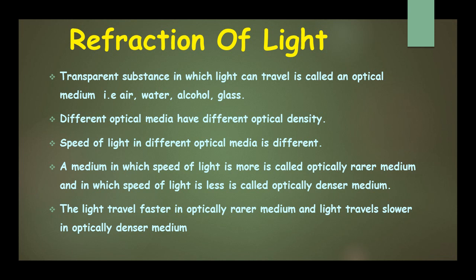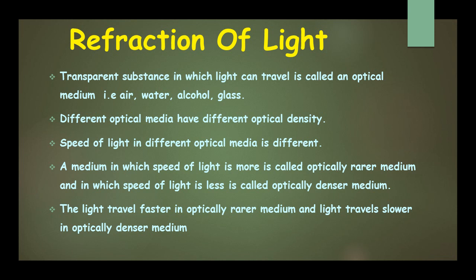A transparent substance in which light can travel is called an optical medium. The optical medium may be air, water, alcohol, or glass. Different optical media have different optical density. Speed of light in different optical media is different.